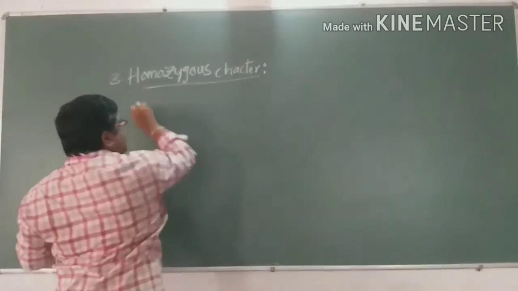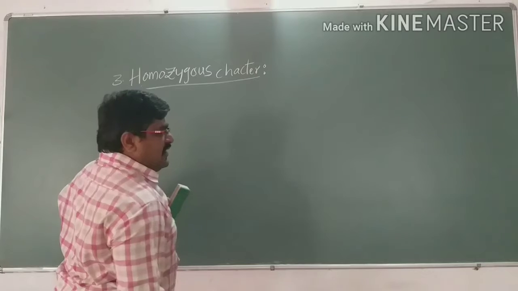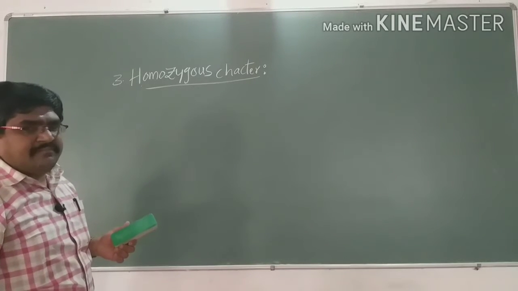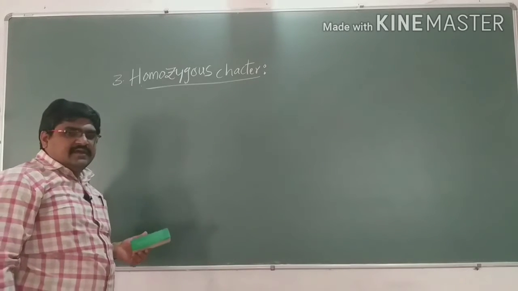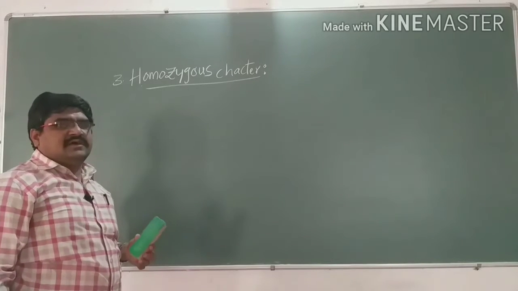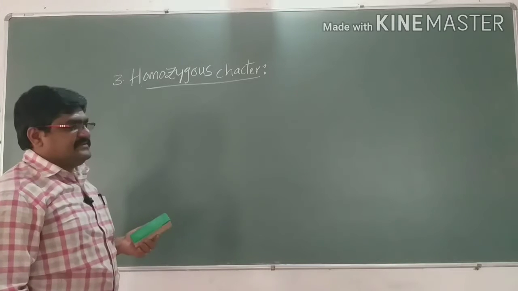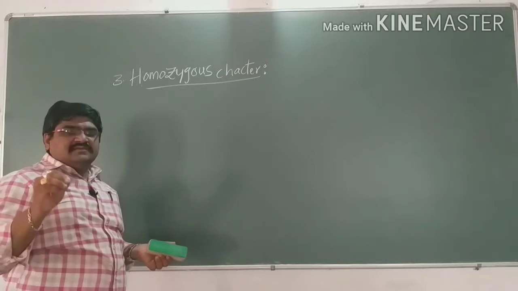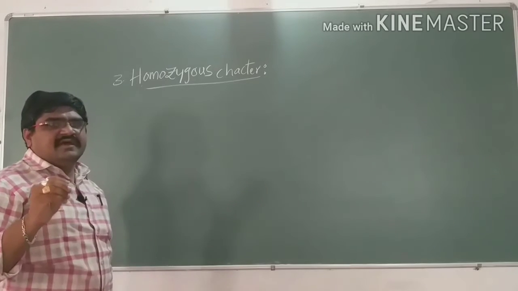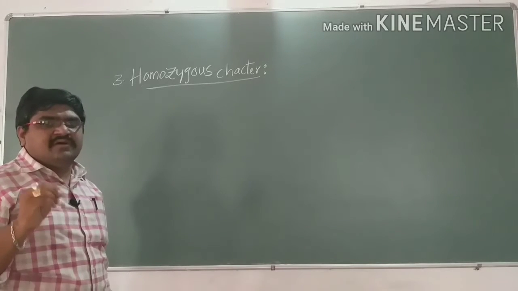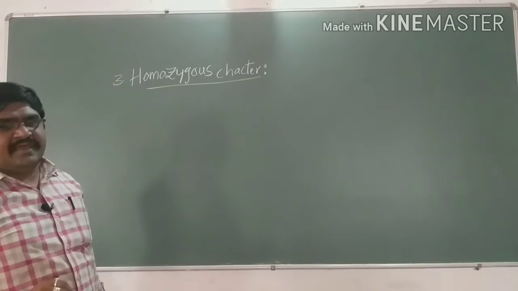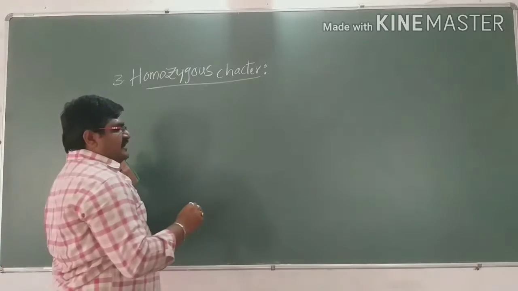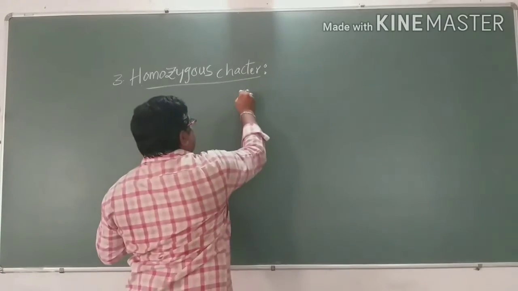Homozygous is a condition where a homologous chromosome has the same type of genes present, then we can call that homozygous. That means on a homologous chromosome the same genes have the same type of character, then we call it homozygous.